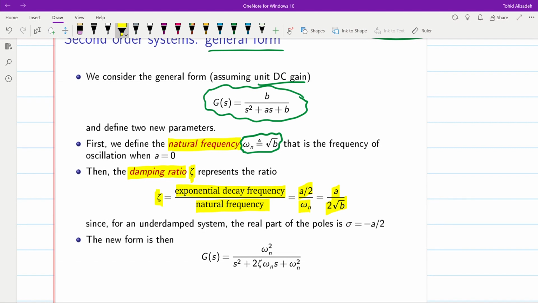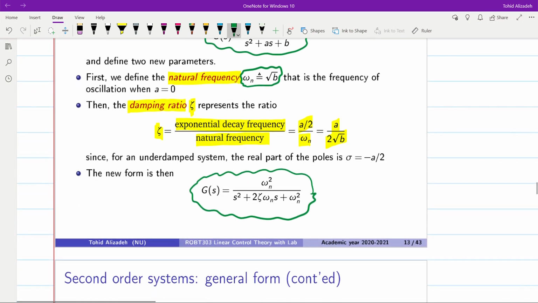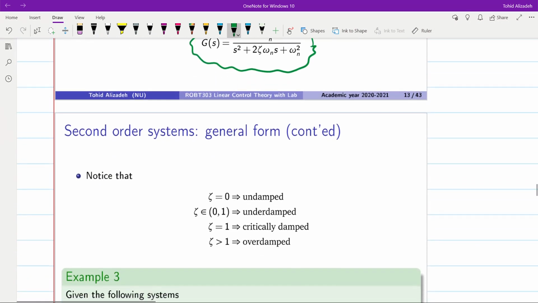And then we can rewrite G of S in the new form. We replace A and B with omega n and zeta. And therefore we will have G of S equal to omega n squared over S squared plus 2 zeta omega n S plus omega n squared.